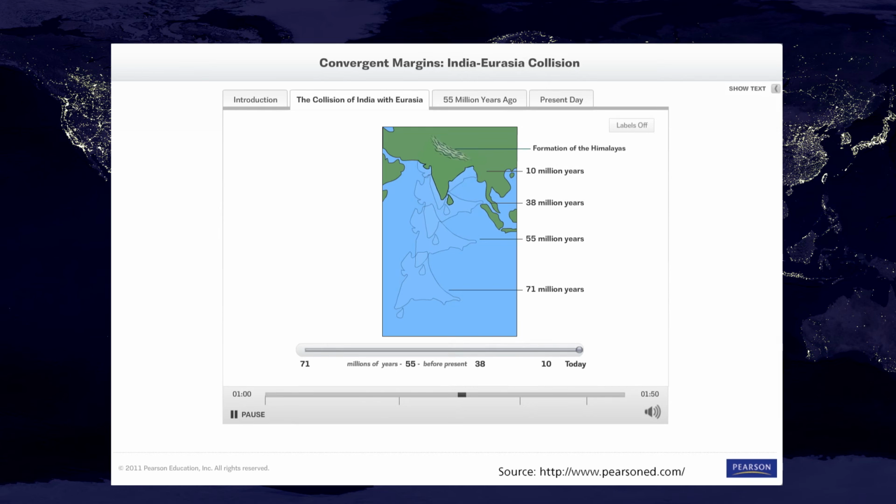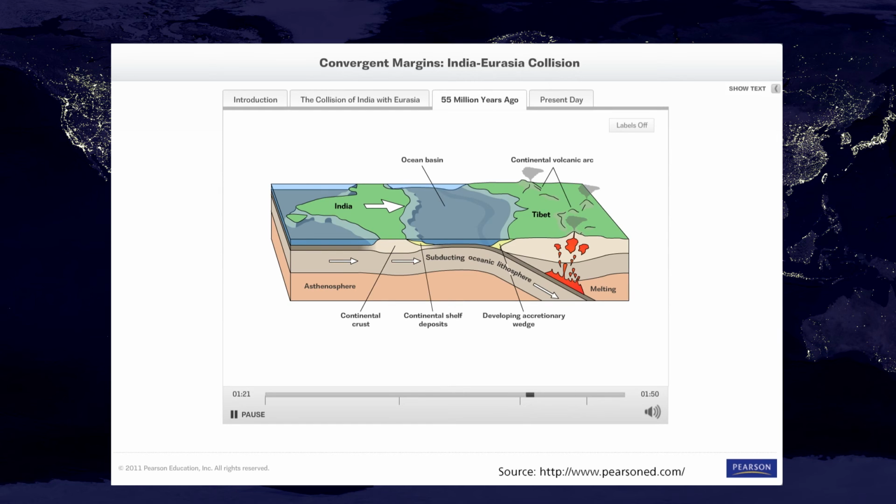When the edges of the two continental plates collide, the material is too buoyant to subduct. Instead, mountain ranges are uplifted through folding and faulting. The collision of India with Eurasia uplifted the Himalayas and the Tibetan Plateau. This collision continues today. You now see a profile view of the Indian landmass before it began to collide with Eurasia.